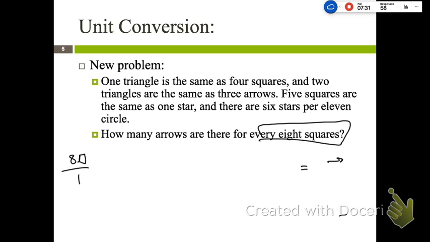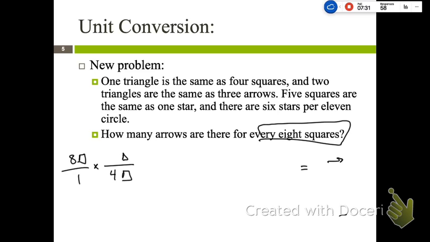How do we get there? Can I have a volunteer who has not talked yet today describe their process? Go ahead, Kiara. So I multiplied the one triangle over 4 squares. Why? Because we have to cancel out the squares. Okay, so instead of saying cancel out, what are we trying to do with the squares?